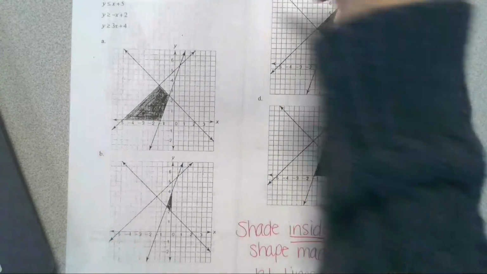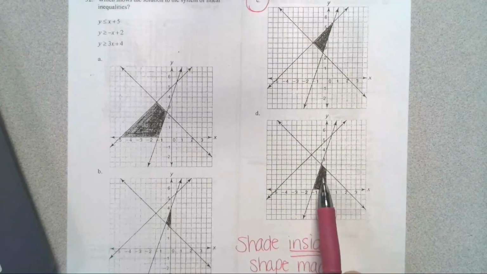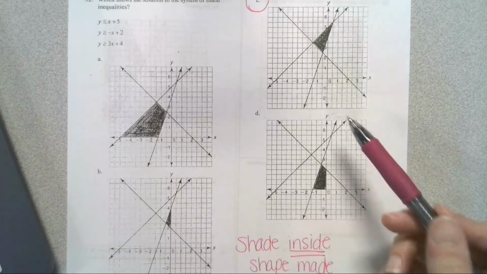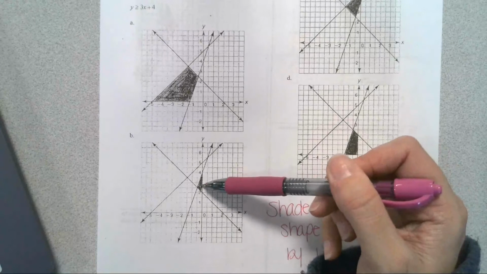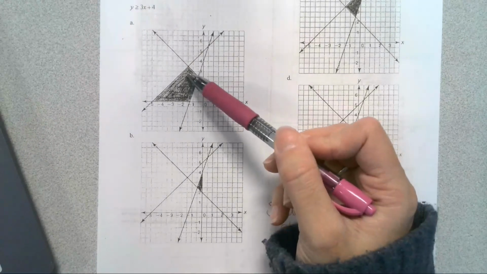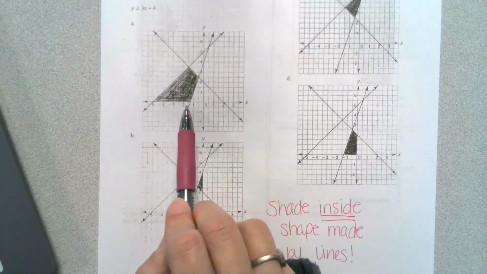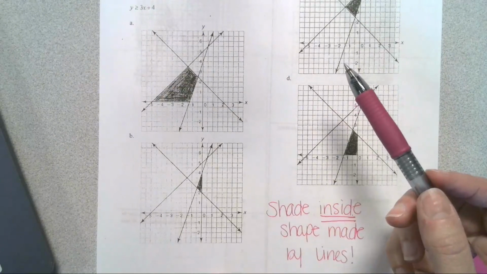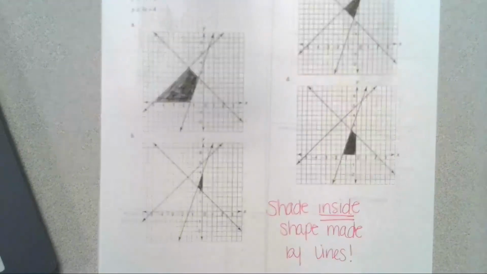And it's C. D is shaded inside, that's the y-axis, and this is the x-axis, so that's not right. B is like 2 of the lines, but then that's the y-axis. And A is all 3 of the lines, but also the y-axis. You should be able to see there are 3 inequalities here. That means that it's probably going to make a triangle. So A and D have 4 sides in their shape. That shouldn't be right.